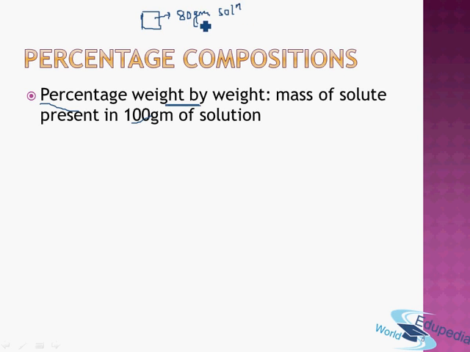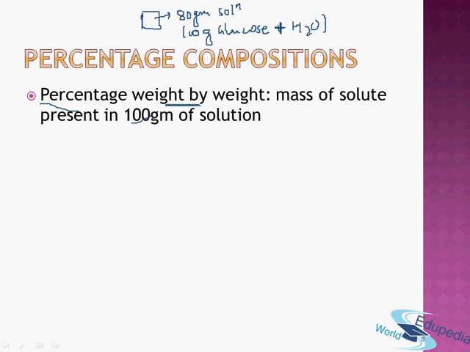This solution is made of 10 gram glucose, and the rest is water, and in all it forms 80 gram of solution. So the weight of glucose plus the weight of water will be the total weight of solution. That is quite obvious.